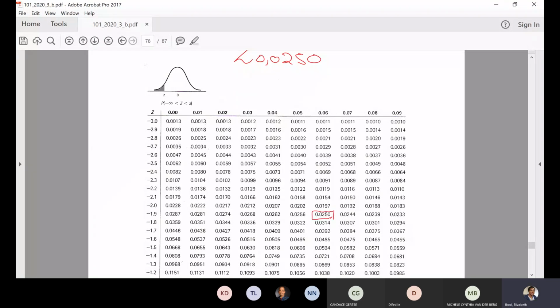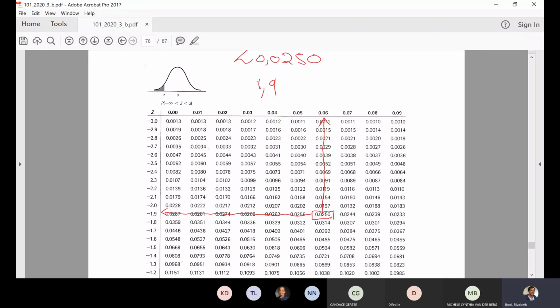And since we found that probability, we're going to go out of this table and go up the table. We first start with the left side. On the left side, we have 1.9. I'm going to ignore the minus for now and just use 1.9.